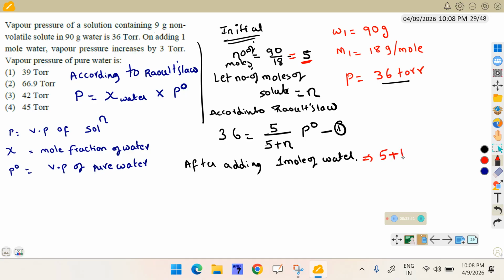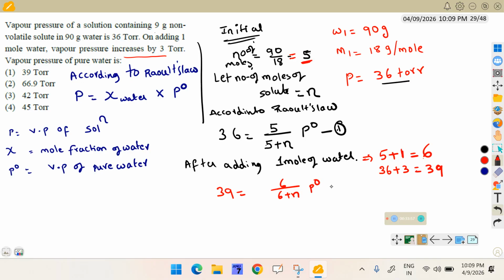Now you are adding another mole. 5 plus 1 is equal to 6 moles. The new vapor pressure increases by 3 torr. The initial vapor pressure is 36. After adding 3 torr, the total is 39. Now substitute according to Raoult's law. 39 is equal to 6 by 6 plus n into P naught.